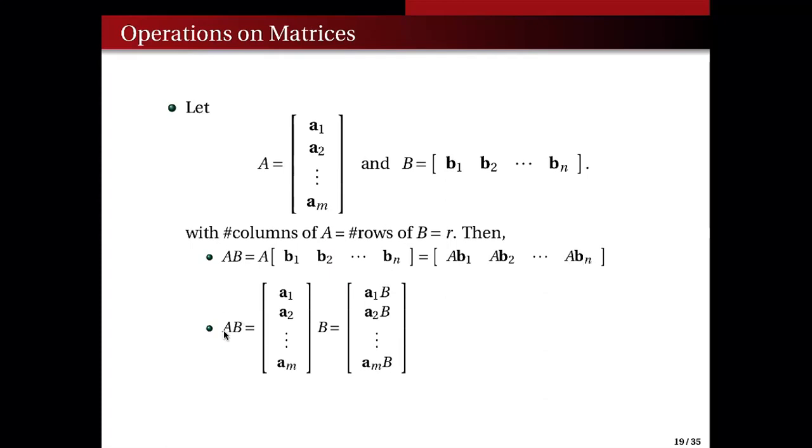Or you can also have AB here. Okay? We now write A as a column vector whose entries are row vectors. You multiply it by B. Then it's like you just distribute the B inside. So A1B, A2B until AMB. Okay?